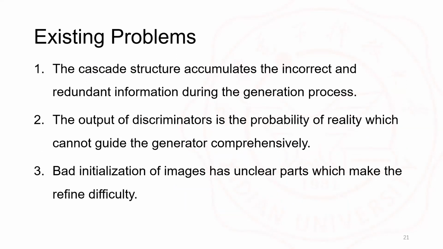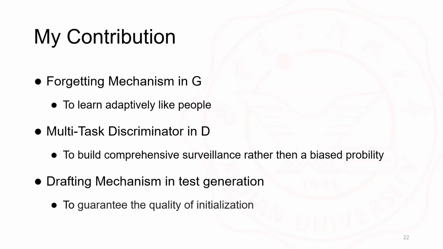To address these issues, first, we advance an adaptive forgetting mechanism in the generator to reduce the error accumulation and learn knowledge flexibly in the cascade structure. Besides, to avoid model collapse caused by strong biased supervision, we propose a multitask discriminator using weak supervision information to guide the generator more comprehensively and maintain the semantic consistency in the cascade generation process.